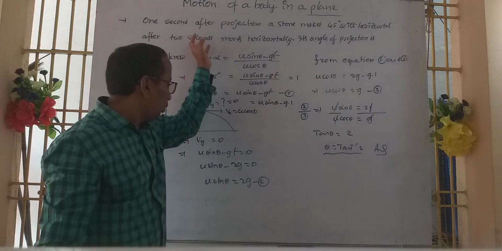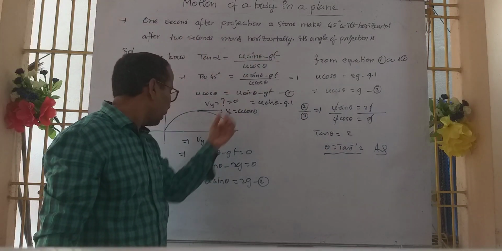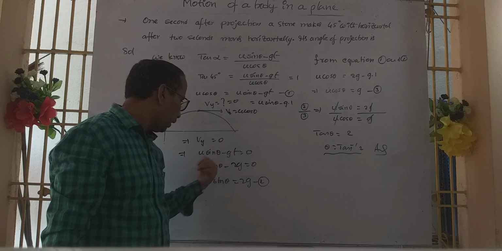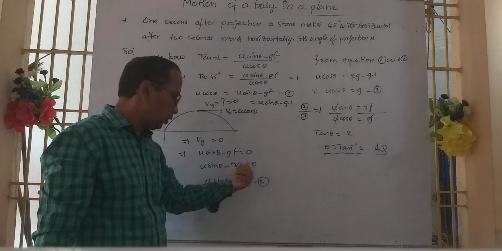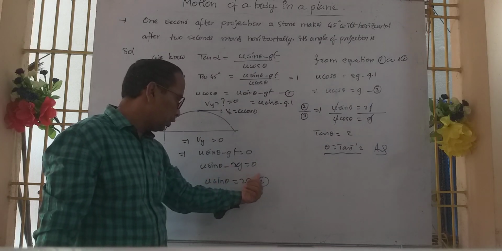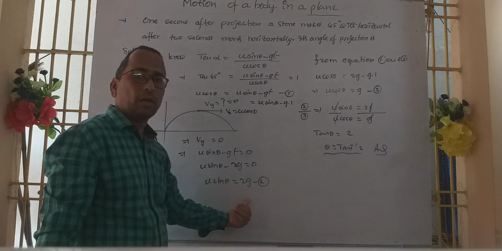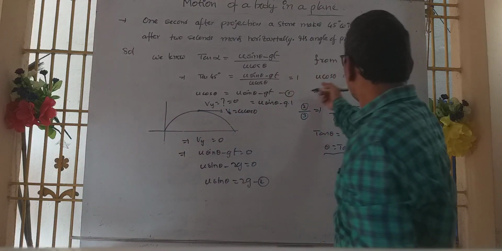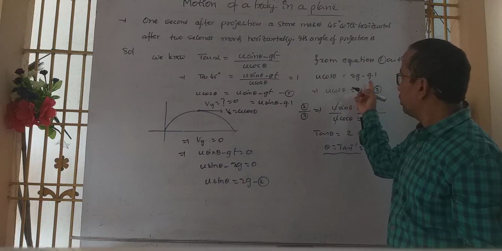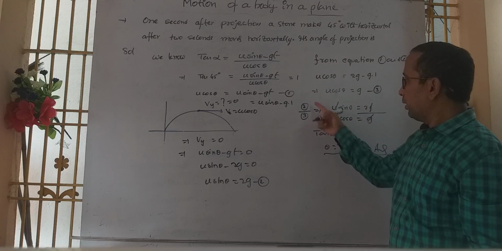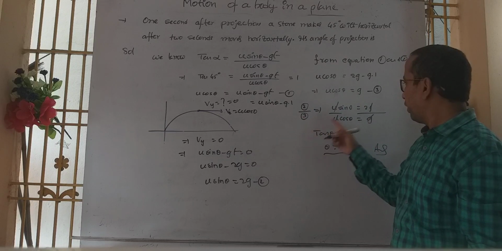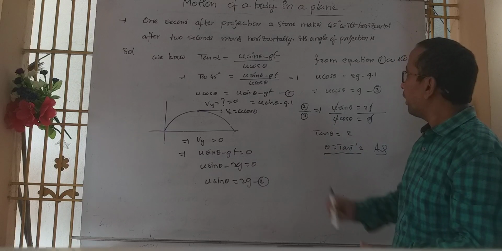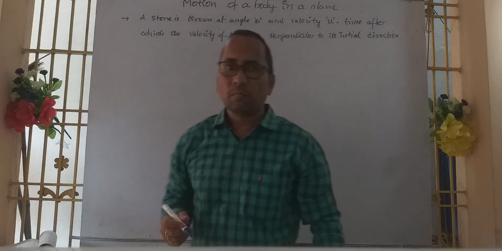And after 2 seconds it moves horizontally. Horizontally means vertical velocity Vy is 0. Like this, u sin theta minus gt is equal to 0. u sin theta minus 2g is equal to 0. u sin theta is equal to 2g. Then from equations 1 and 2, u cos theta is equal to g. Then these two equations are divided. Then tan theta is equal to 2, theta is tan inverse 2.